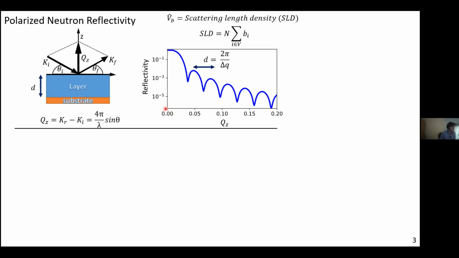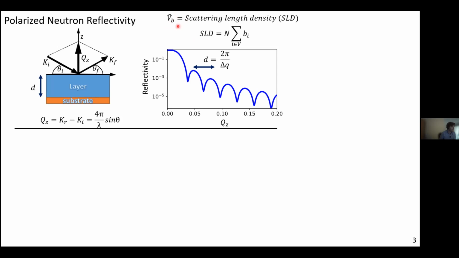So on the x-axis, we have our momentum transfer, QZ, and on the y-axis, we have our reflectivity. And so in blue, we see a reflectivity profile. And this profile is nothing but the interference of waves which have been reflected from the surface and the interface of our layer and our sample substrate. And so if we wanted to model this reflectivity profile, all we need to do is treat this sample as a potential well and use the Schrodinger equation to solve its boundary conditions.